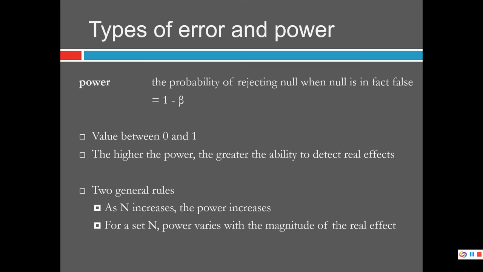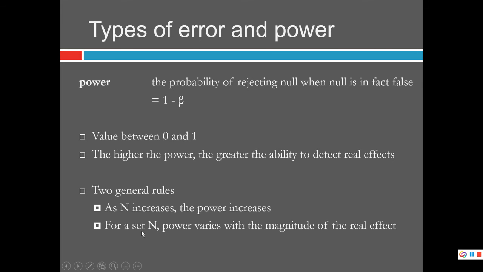If you just collect more data, your power is going to increase. So if you have 1 million participants, then you're going to have higher power to detect even a really small effect. But then again, remember, those effects might not be meaningful if you have 1 million people. So just remember, bigger sample sizes, more power.